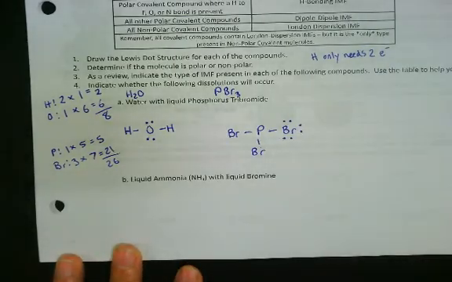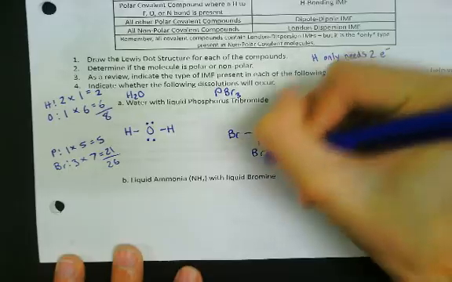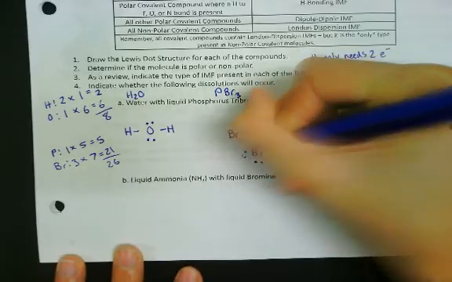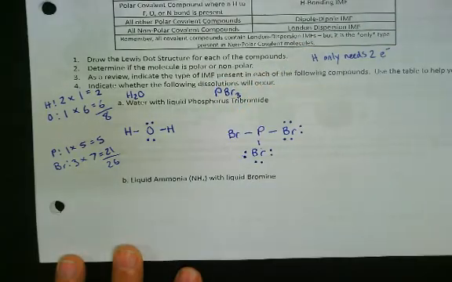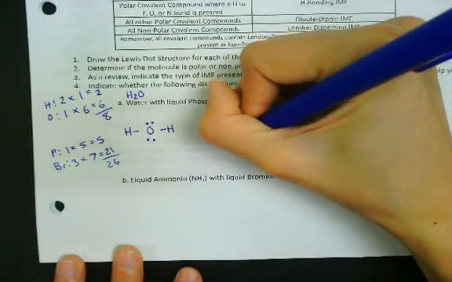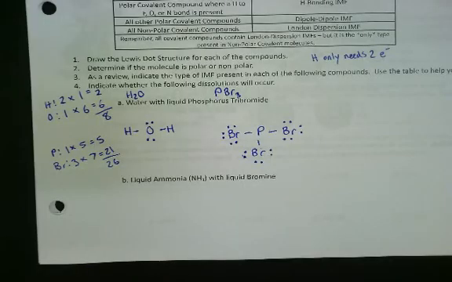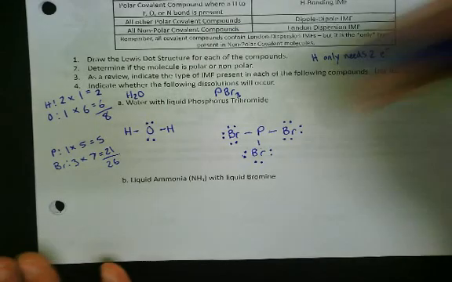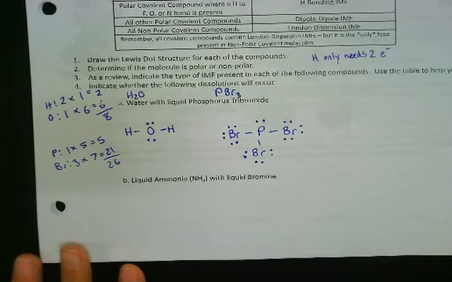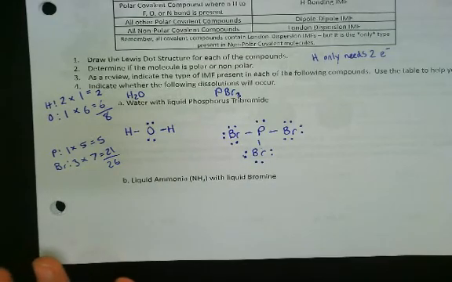This guy has 8 now. 14, 16, 18. 20, 22, 24. Are my bromine all happy now? They are. They've all got 8. So where do we want to put those last 2? On phosphorus. Very good. That is our Lewis dot for phosphorus tribromide.